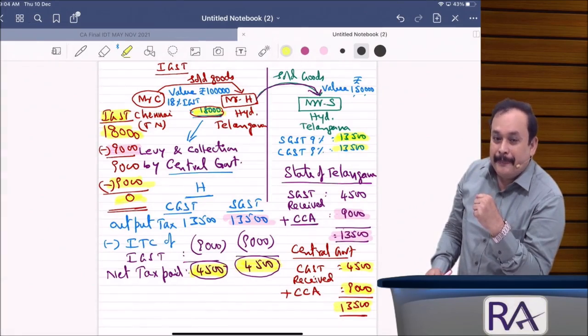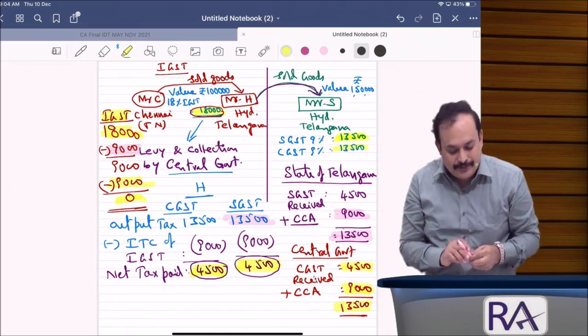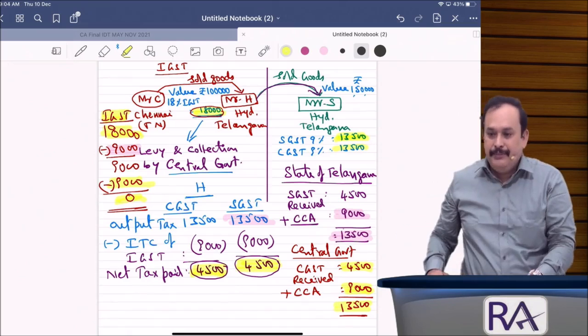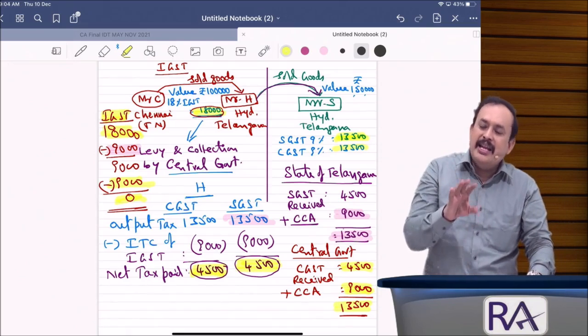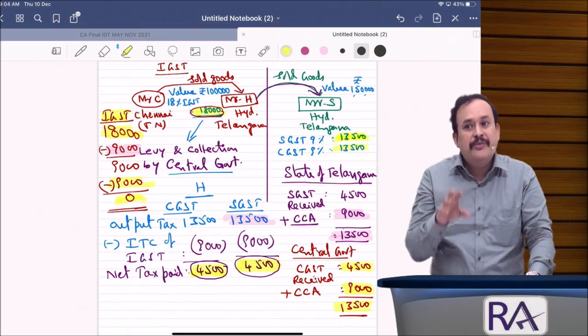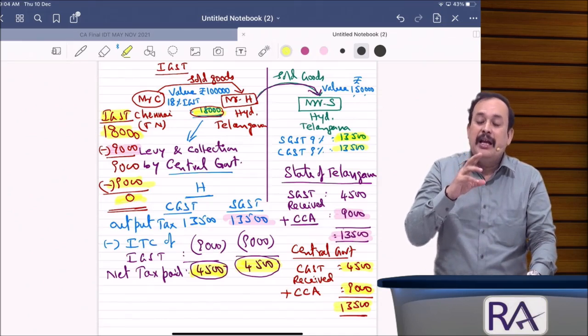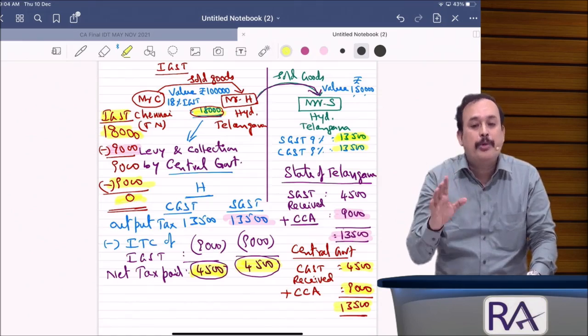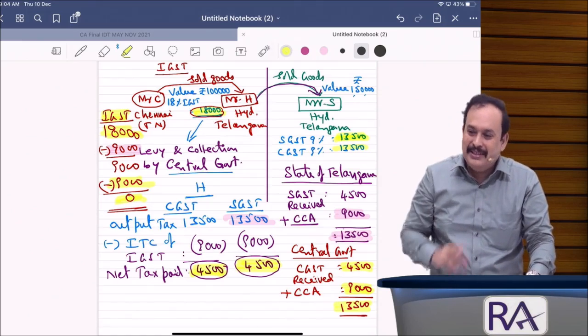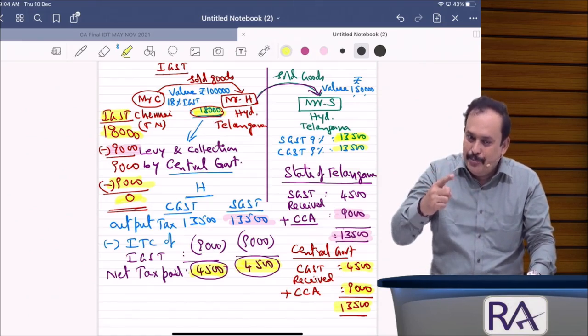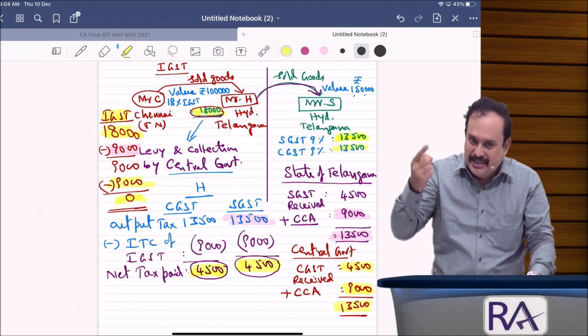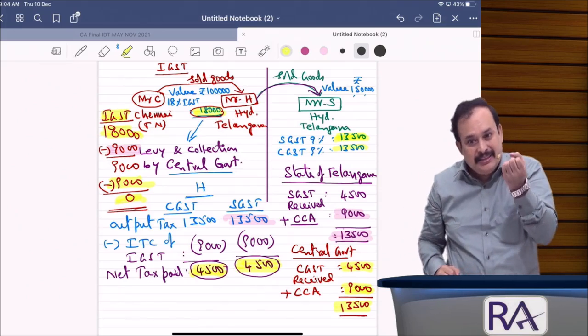Only after selling goods will IGST settle. Good question you asked. IGST generally will be settled when the transaction is completed, means when the end user consumes the product or services. When the chain of B2B transactions is going on, IGST will be in the hands of the central government.